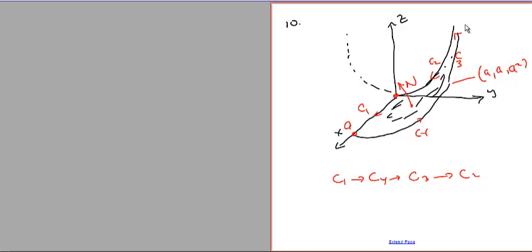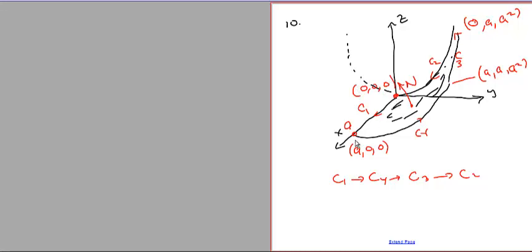And then you come over to this point here, which is along the y-axis. x equals 0, y equals a, and z equals a squared. And this point here is (a, 0, 0). And of course the origin is (0, 0, 0).